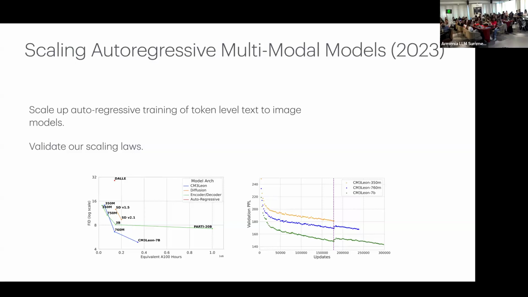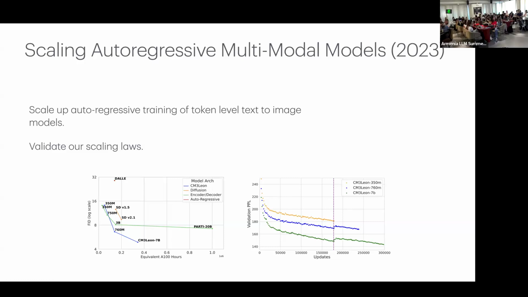One of the things that we saw, back then when the state of the art was stable diffusion and some methods from Google, was that just doing the very, very boring thing of scaling left-to-right autoregressive models on image tokens seemed to perform better than essentially anything else out there.